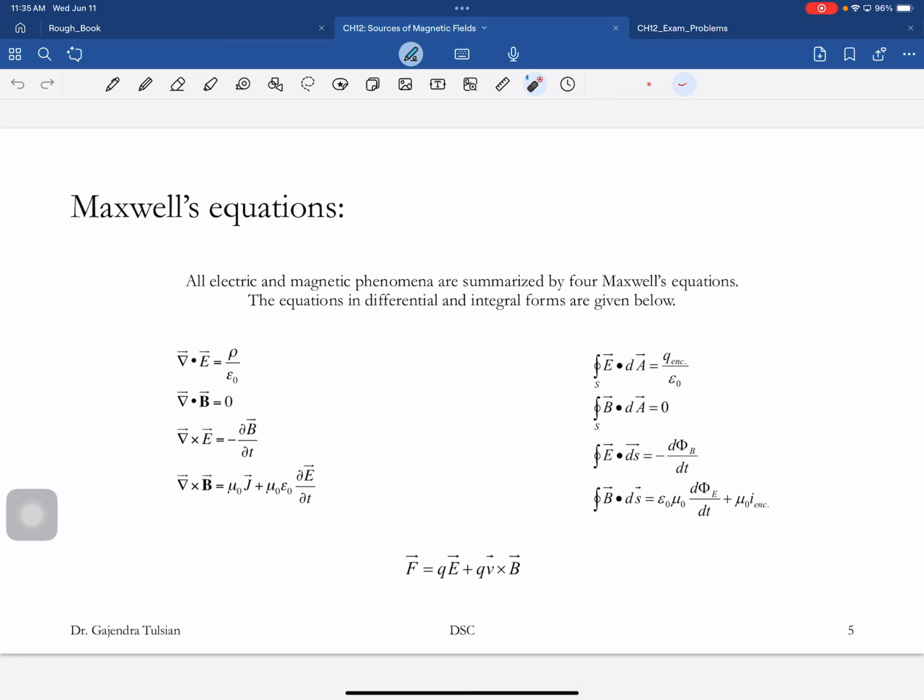Now, the form of the equation tells you the configuration. For instance, this equation is telling you that if you have an infinitely long straight conductor carrying a current I, the magnetic field around this conductor forms concentric circles.